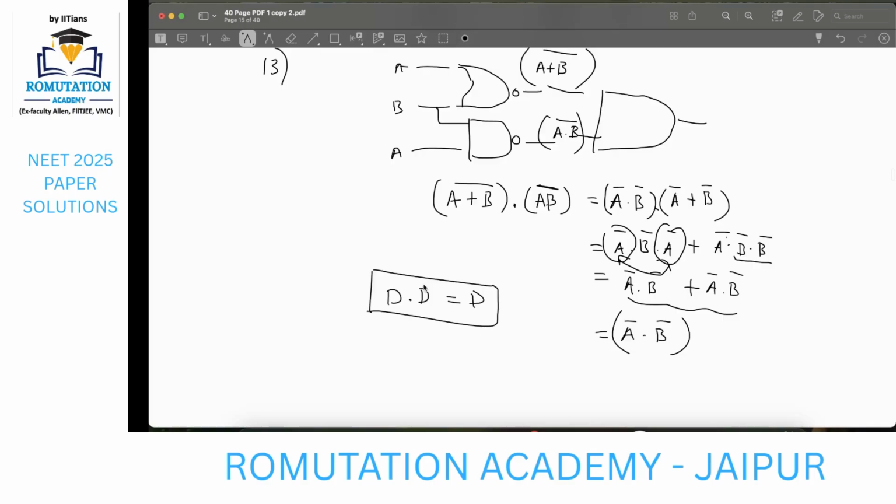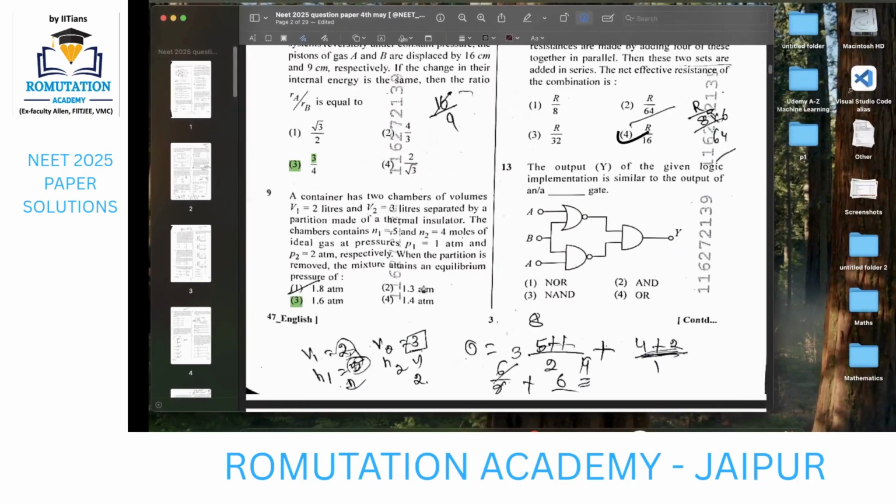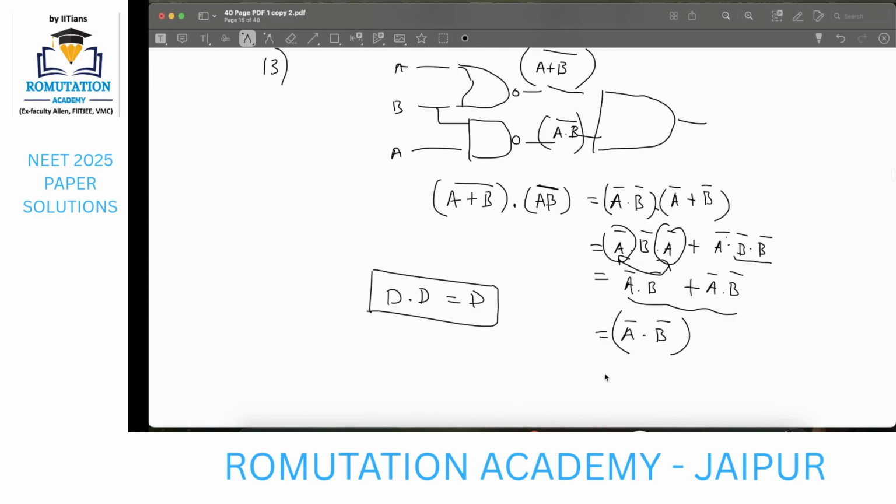So that's how we can treat the answer, and if I again apply De Morgan's theorem, you can see it will look like this. It is a reverse De Morgan that I have done here. Using that, you can believe this is nothing but a NOR gate.